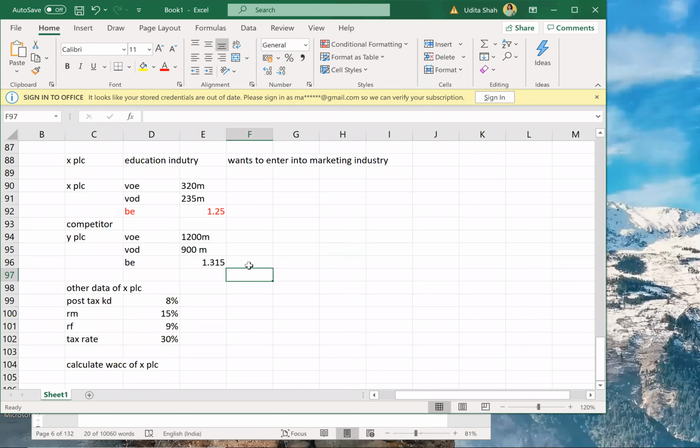Okay, you can see the problem right now. What I'll do, I'll take a photo and send it to you on the WhatsApp group.